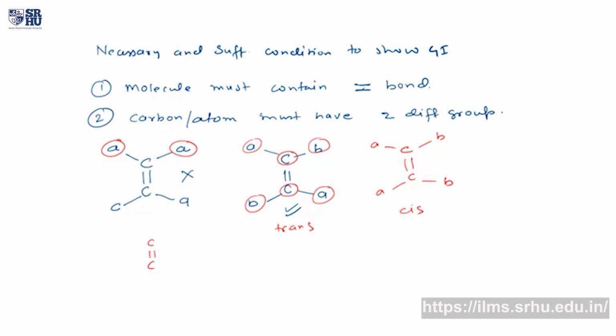C double bond C, with A and B on one carbon and C and D on the other. Yes, this also shows geometrical isomerism. Although all four groups are different, yes, they will show geometrical isomerism. In particular, we will not name them cis and trans. We will name them in the form of E and Z, entgegen and zusammen. We will see how to name them in our next video.